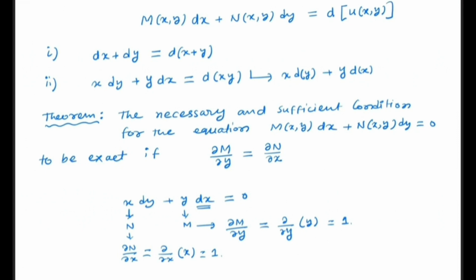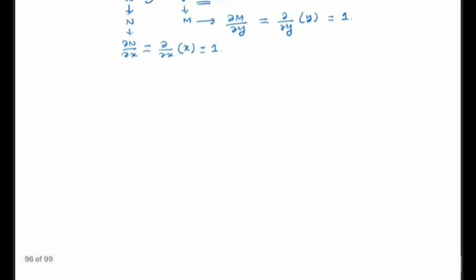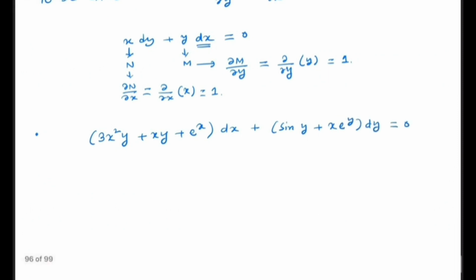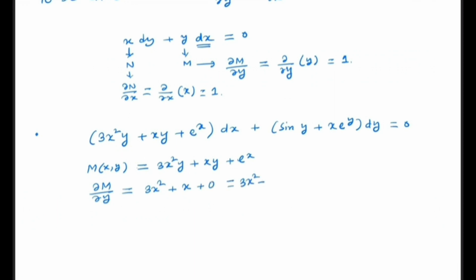Now let us take another example: (3x²y + xy + e^x) dx + (sin y + x e^y) dy. Here M(x,y) is 3x²y + xy + e^x. Now ∂M/∂y is 3x² + x + 0, so it is 3x² + x.